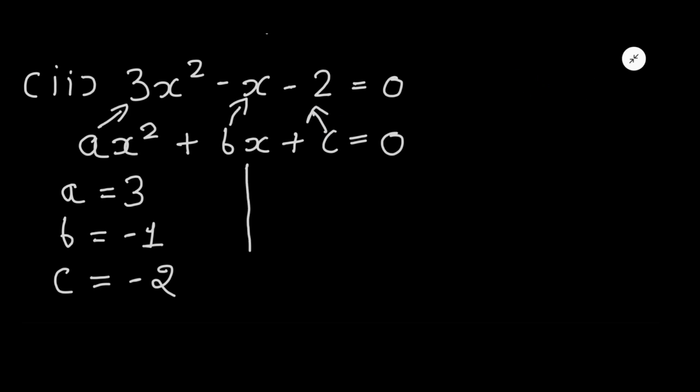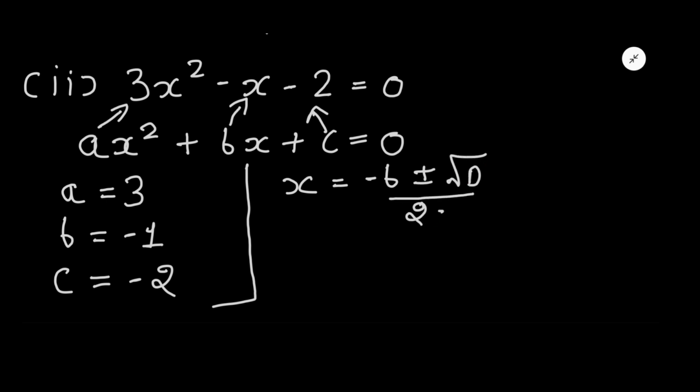So our general formula to find the roots is x is equal to minus b plus minus under root D upon 2a. First we will find the discriminant. Here the value of D is b square minus 4ac.